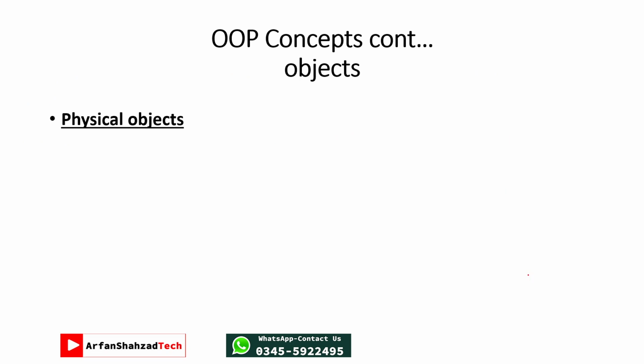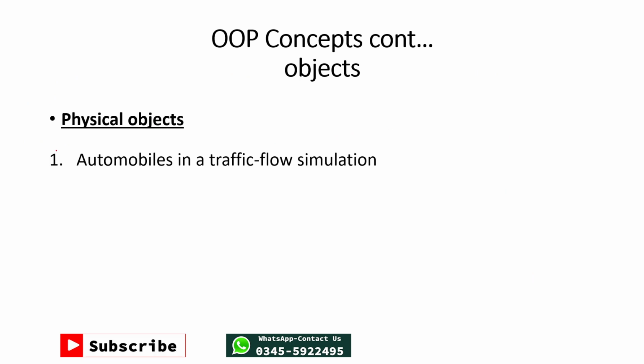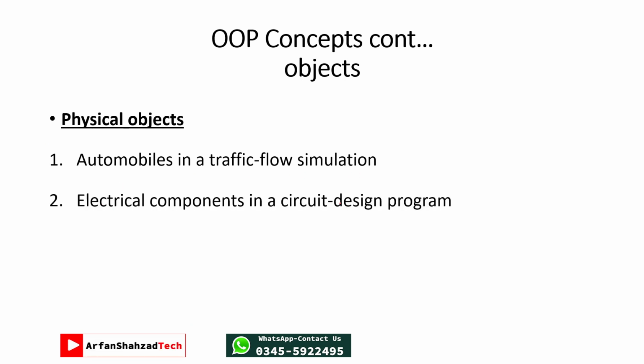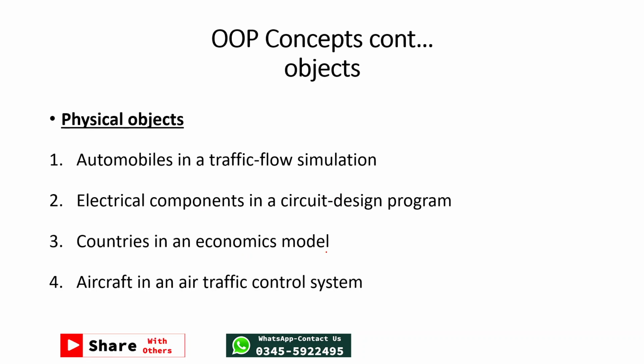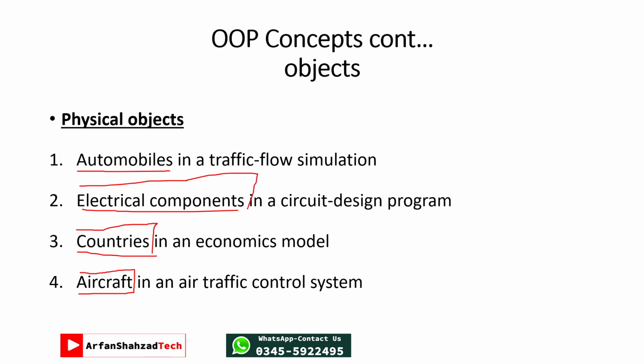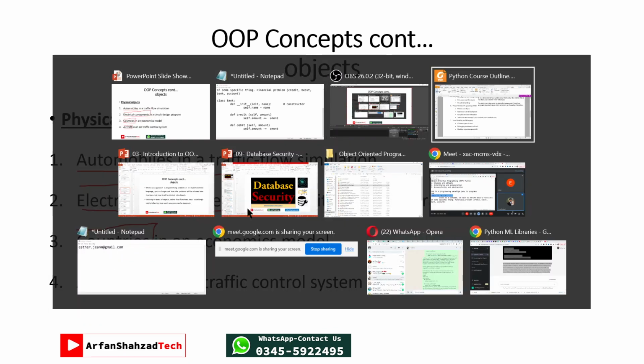For example, physical objects: automobiles in a traffic flow simulation, electric components in a circuit design program, countries in an economics model, aircraft in an air traffic control system. All of these entities will be known as classes and objects. So these are some concepts about objects and classes.